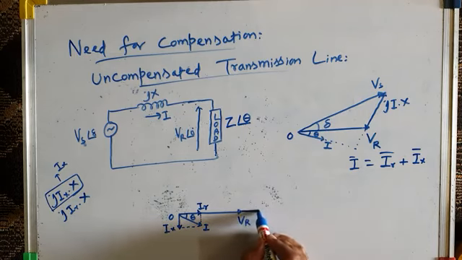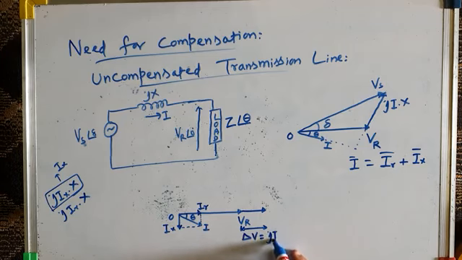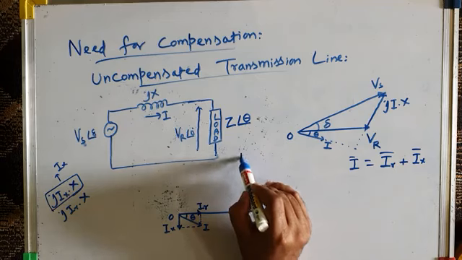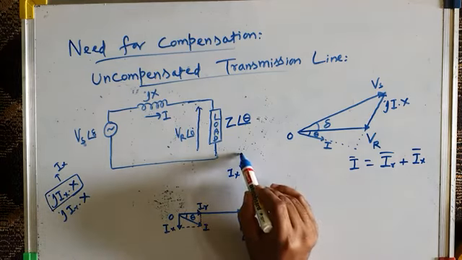So that will be somewhere here. This will be from here to here. Let us call this voltage drop delta V. And what is this delta V equal to? It is JIX into X. Now you can very clearly see, if this is your IX, then JIX into X will be here.